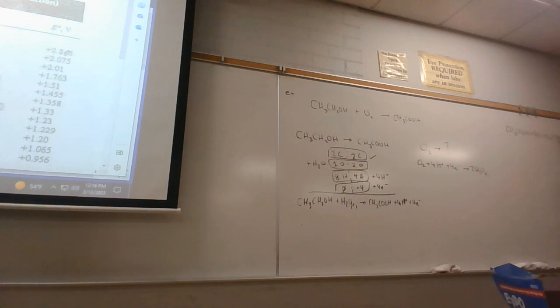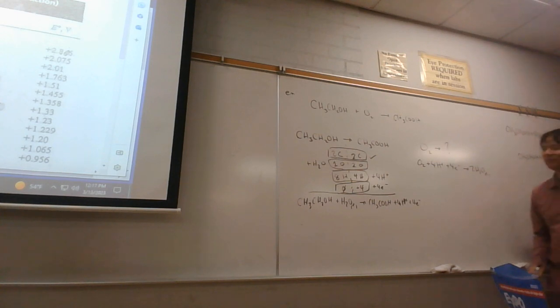Then we simplify. The 4H pluses cancel, the 4 electrons cancel. And so the overall reaction here is CH3CH2OH plus H2O plus O2 yields CH3COOH plus 2H2O. This reaction happened.